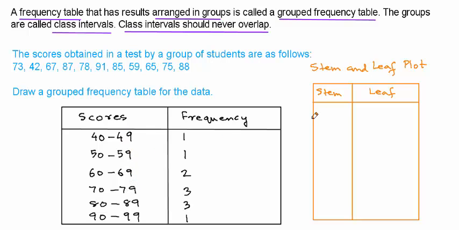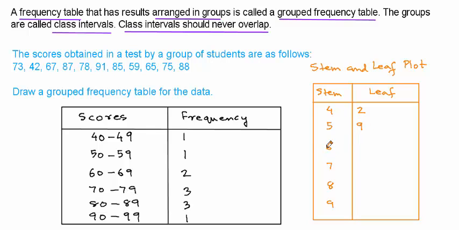In this case, we have the 40s, the 50s, the 60s, the 70s, the 80s, and the 90s as the stems. And then the only score in the 40s is a 42, so we have a 2 on the leaf side. You combine the stem and the leaf to get one data value, 42. Similarly, for the 50s, there was only one score, that's 59, so you have 9 as the only leaf.